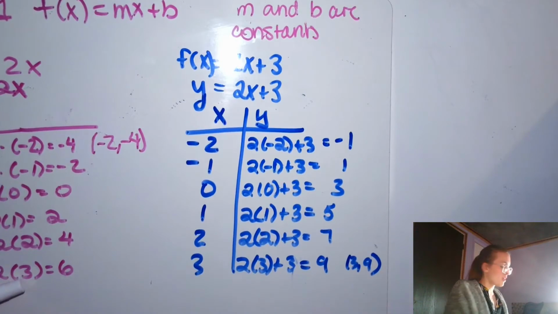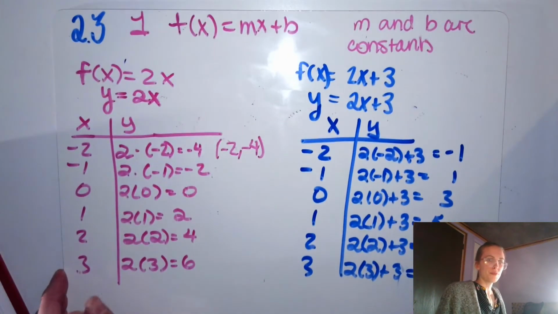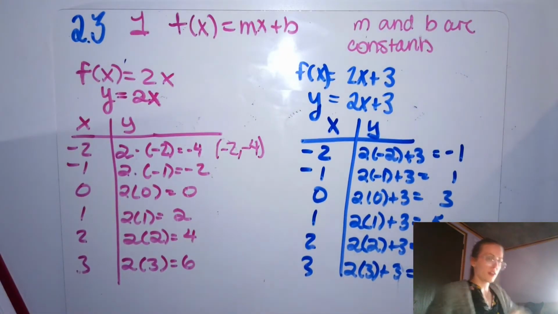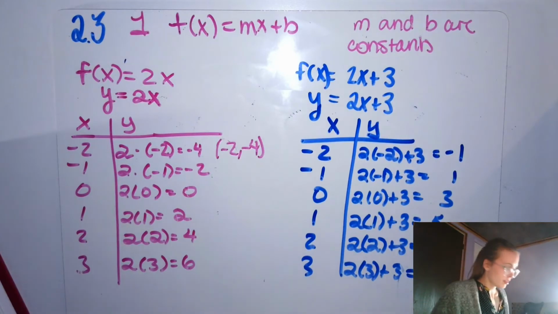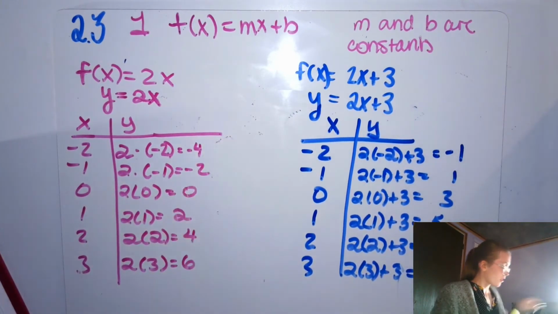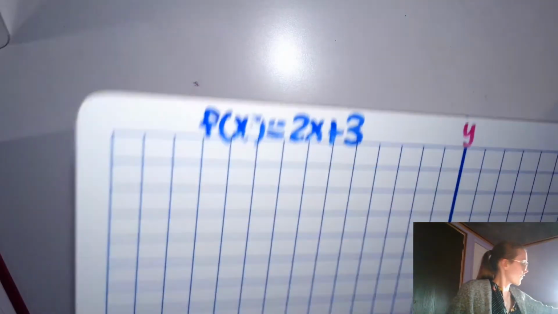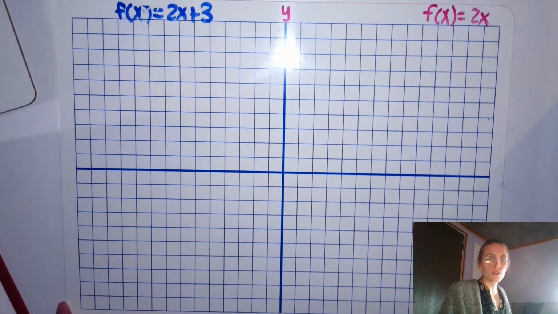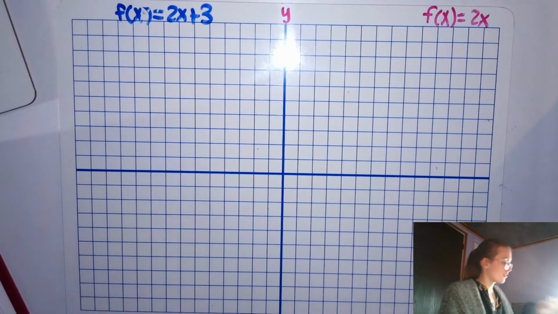Good. 3 is the x value, 9 is the y value, so the point is 3, 9. Okay? I'm going to go ahead and erase this. Then I'm going to use our graphing board here.